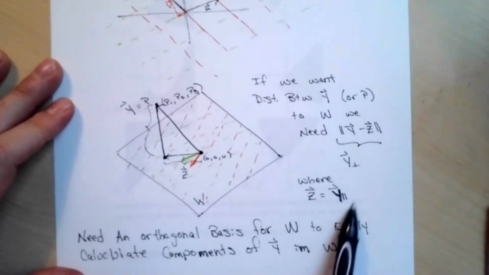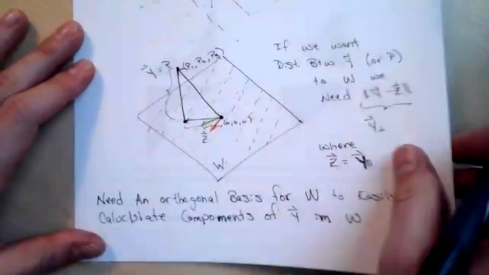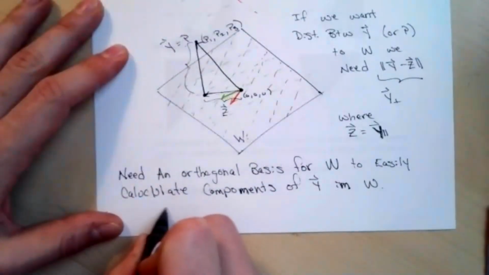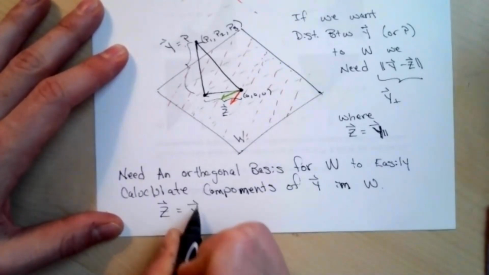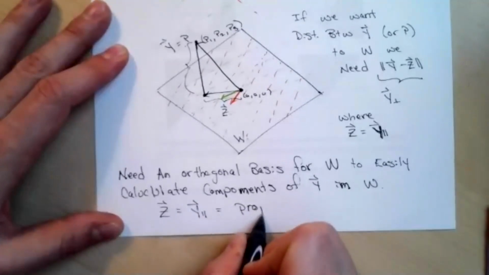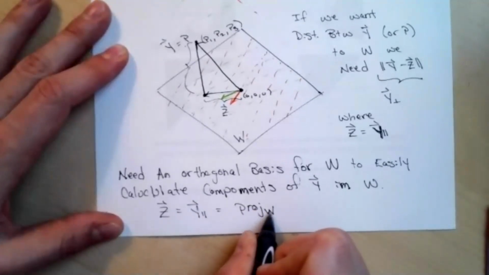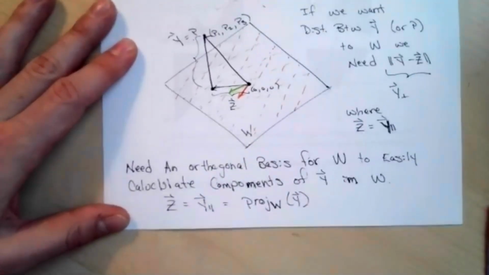Right? We want to think of this parallel component as just the projection of Y onto W. So our Z, another way we could write our Y perpendicular, we could write it as the projection onto W. And now W is a subspace of Y. This is really what we want.